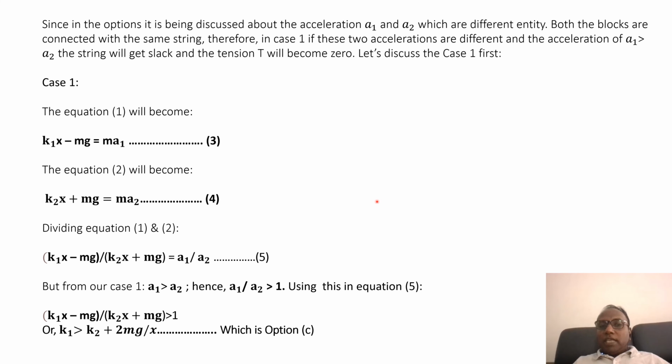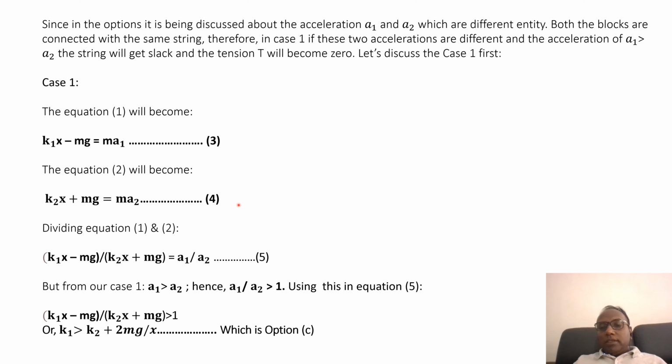So what is happening in this case, when block A is moving upward faster than block B coming down slower, the string will get slack, so tension force will become 0. So our equation 1 will become K1x minus mg is equal to ma1. This we say as equation 3. Similarly, equation 2 will become K2x plus mg is equal to ma2, equation number 4.